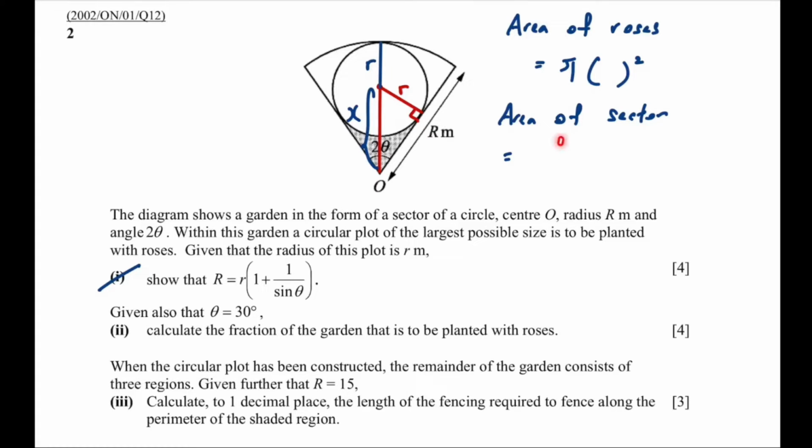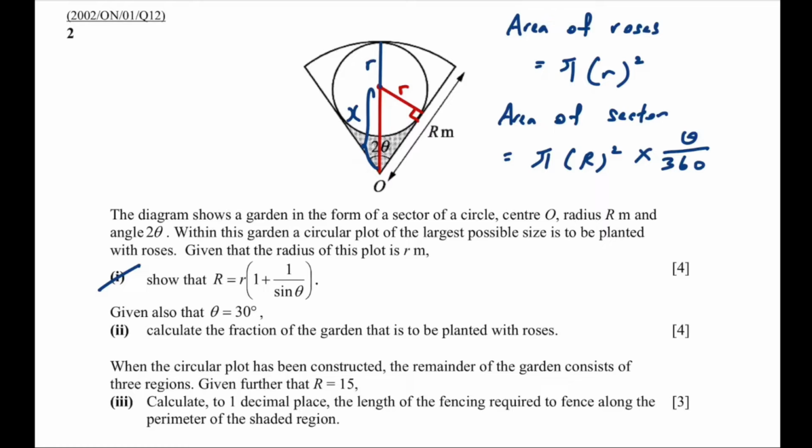If I go for 1 over 2 R squared theta, this is in radians, and this is in degrees. When you compare, the fraction is not going to be beautiful. So I'll be using the other formula: pi R squared times theta over 360. In this way, it will be more beautiful when you compare and convert into fractions.